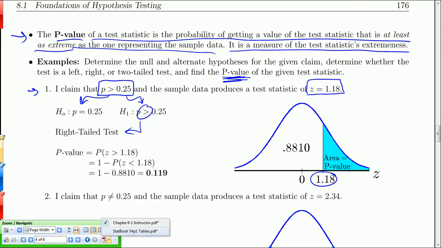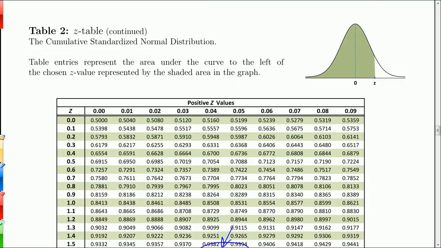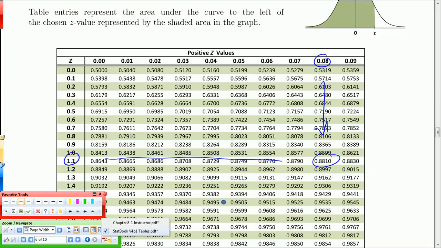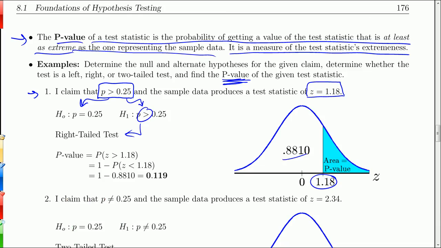And when we get 1.18, it's a positive value. 1.18, 0.8810. But I'm looking for area in a right tail, so that 0.8810 is actually the area to the left. So the p-value is 1 minus that. So this 0.119, that's the p-value. That tells us how extreme this test statistic is. It's not that extreme. You'd expect about 12% of the z-values to be even greater.